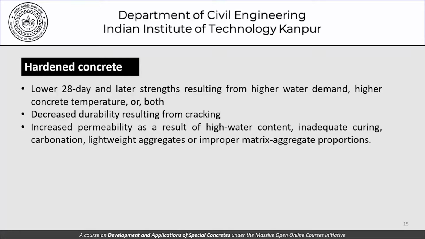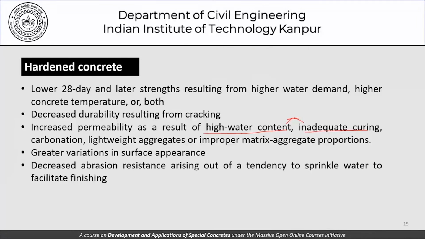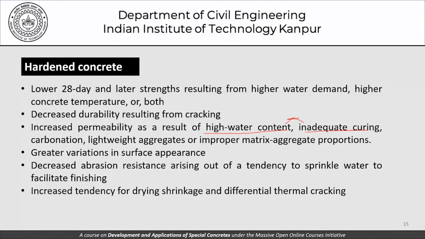So we are concerned primarily with high water content and inadequate curing, because these two things are very critical as far as the health of concrete, or the integrity of concrete, is concerned. Greater variations in surface appearance, decreased abrasion resistance arising out of a tendency to sprinkle water to facilitate finishing, increased tendency for drying shrinkage and differential thermal cracking.